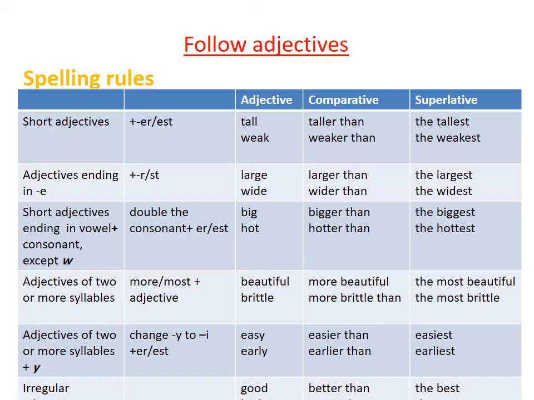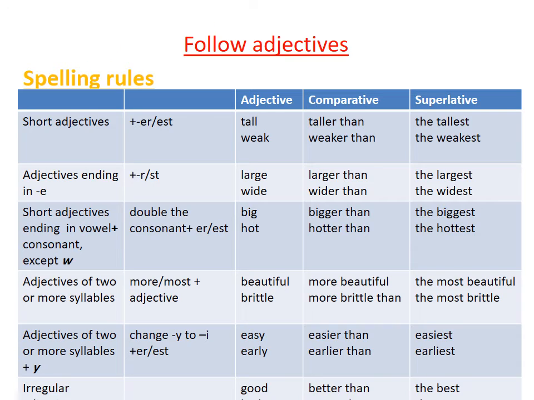Number 4, adjectives of 2 or more syllables. We mentioned this one. If they are more than 2 syllables, أكثر من مقطعين, in the comparative we add more, and in the superlative we add most.